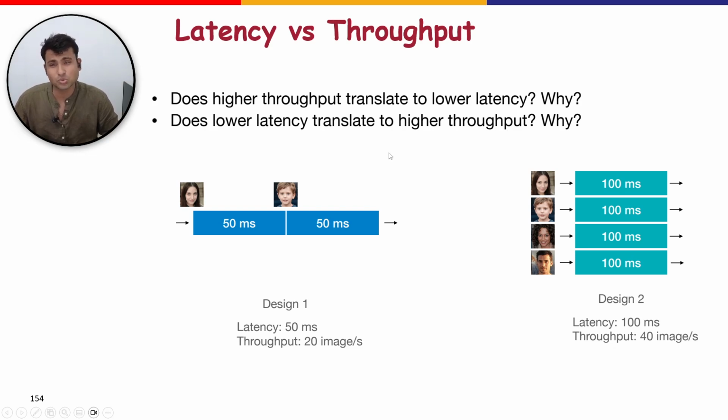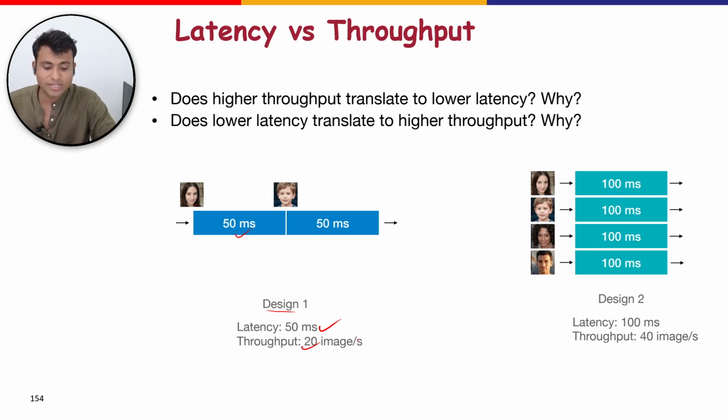So let's discuss two scenarios. It entirely depends on the design choice, right? On one side there is a design in which processing a single image takes 50 milliseconds. So the latency is 50 milliseconds, as evident from the image. And throughput would be, in 1 second, how many images would pass? 20 images would pass if we use this design technique.